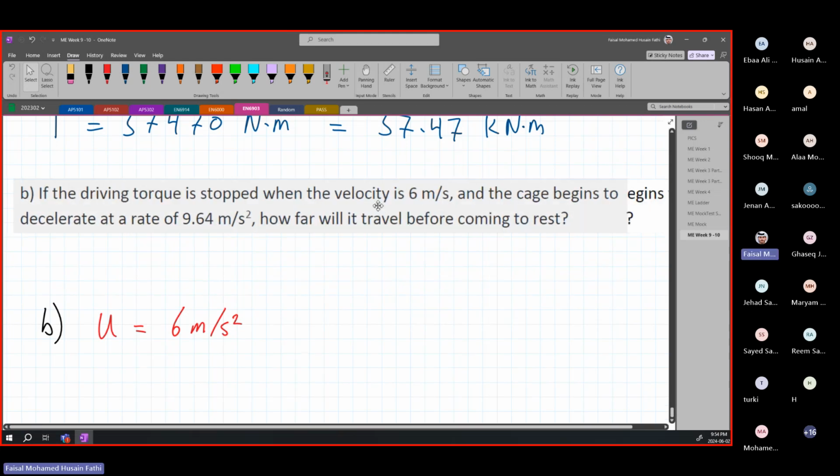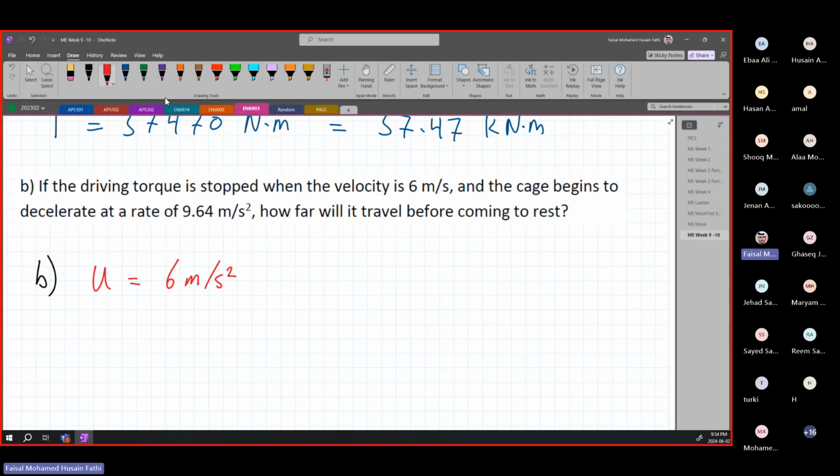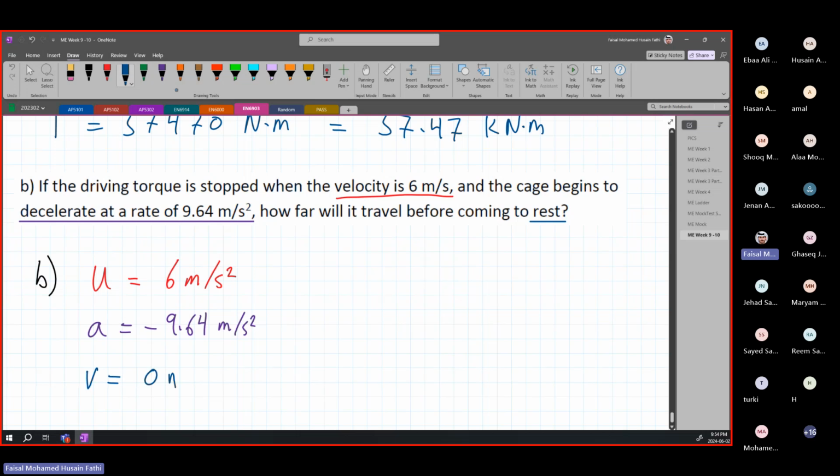So this is what the question was saying. If the driving torque is stopped with a velocity, this is the first velocity, the initial velocity, as I said earlier, the cage begins to decelerate, meaning the acceleration now is negative. So our A is equal to minus 9.64 meters per second squared. How far will it travel before coming to rest? And this is our final velocity, which is 0 meters per second.